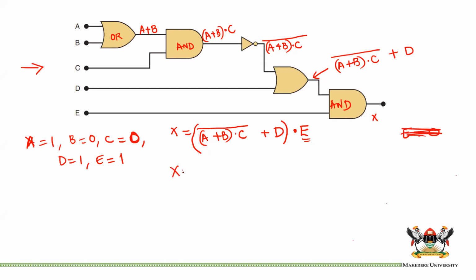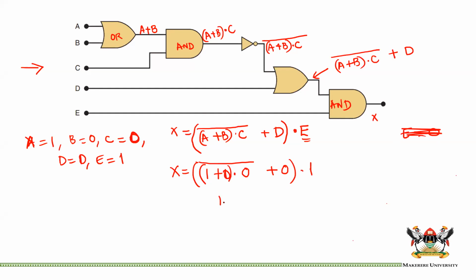X then becomes 1, or B, which is a 0. So 1 or 0, and C is a 0, and I invert that. Or D, let me say D is a 0. Or D, which is a 0, and the whole term ended by 1. So 1 or 0 is 1.